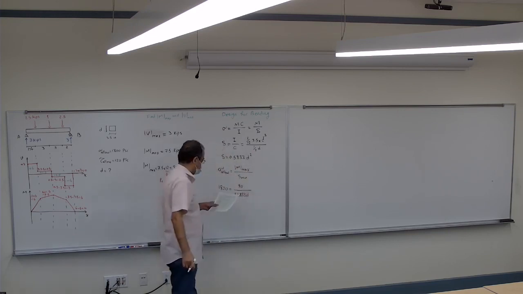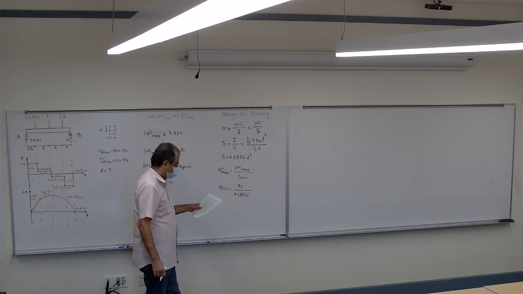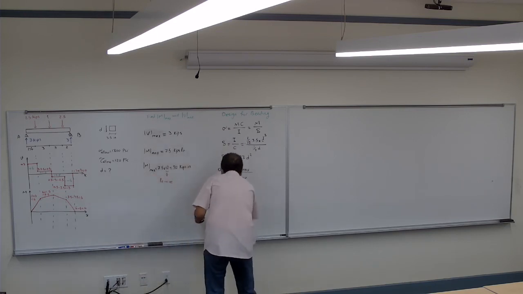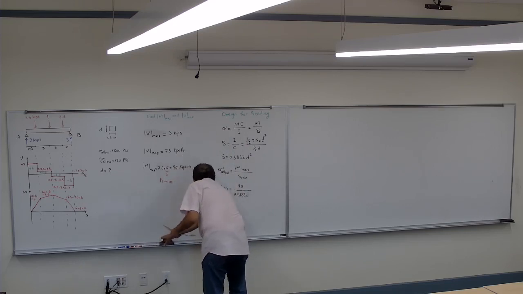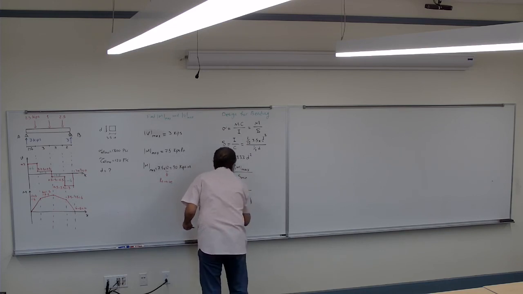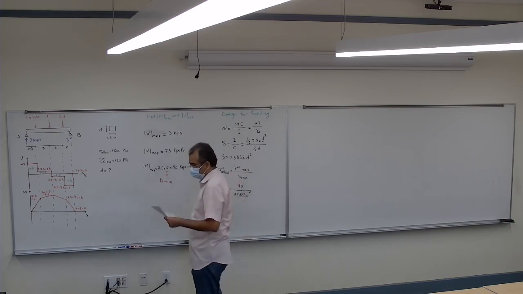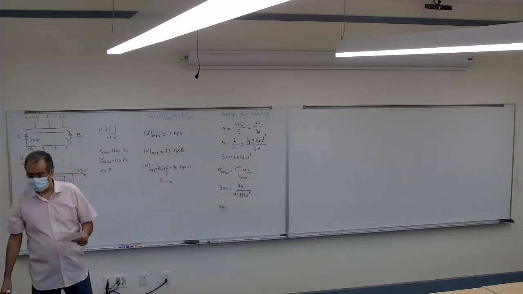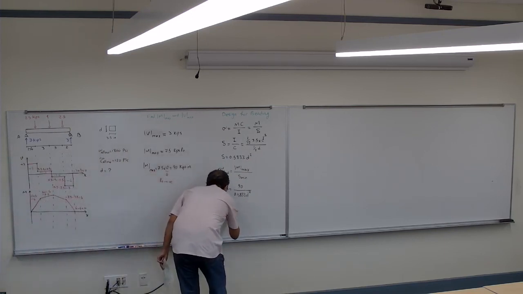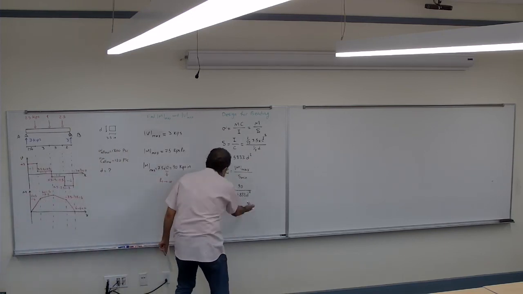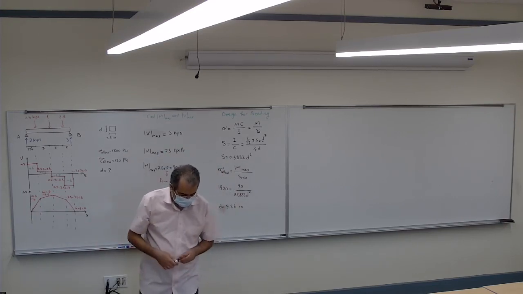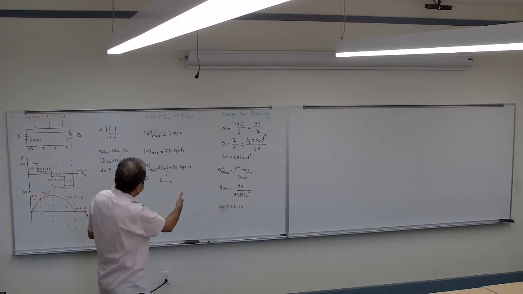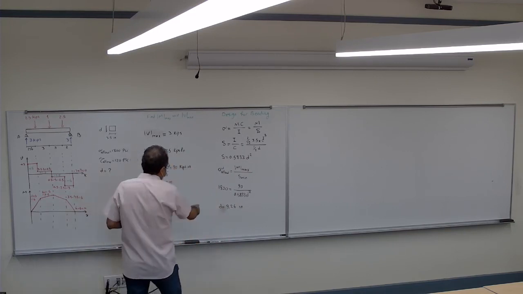That's the minimum S that I have. So if I do the calculation, the d comes out as 9.26 inch. That's the minimum depth that I can have. So my depth should be either that or larger than that, in order to satisfy that value.